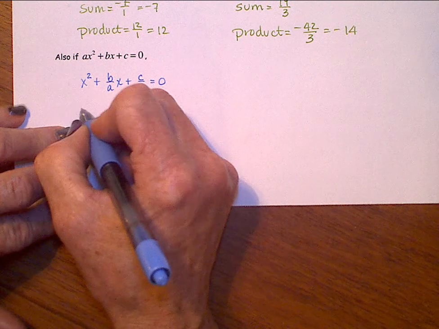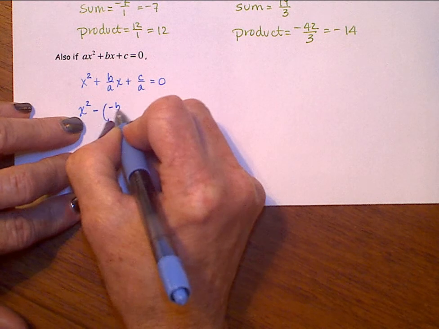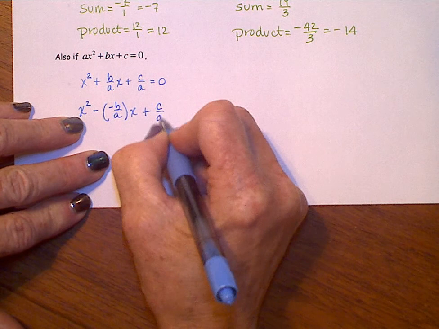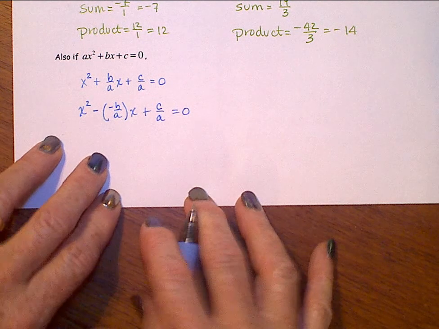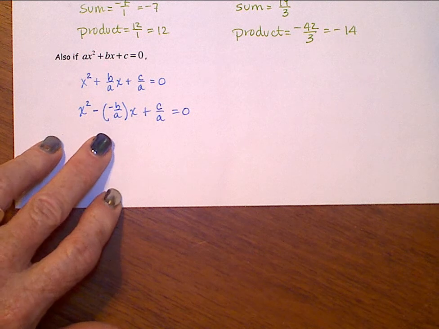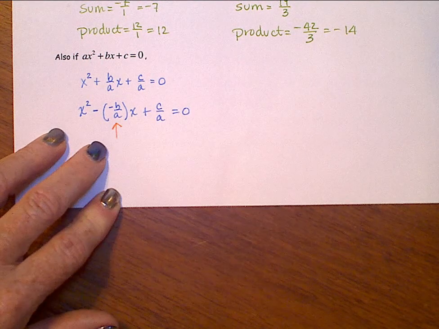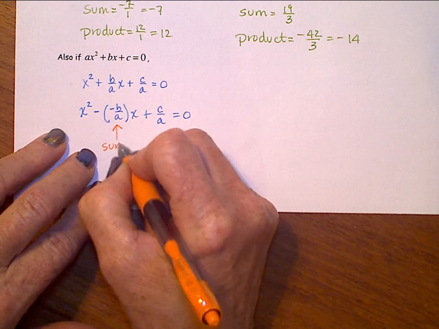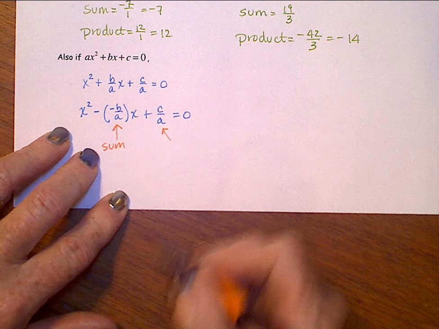Again, x squared plus b over a times x plus c over a equals 0. All right, what's this? Yeah, that's the sum of the zeros. And what's this? That's the product.